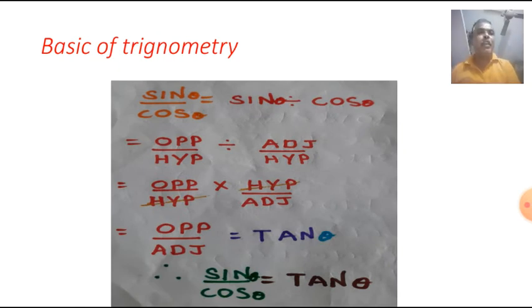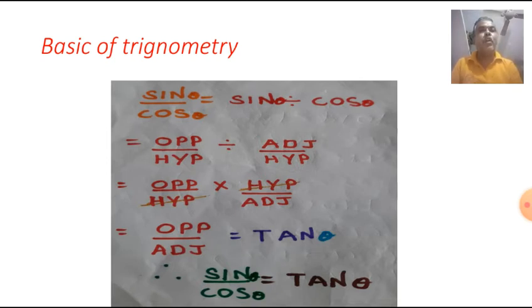Basics of trigonometry. These are also rules. Sin theta by cos theta. What is sin theta by cos theta? What we get? Sin theta divided by cos theta. A ratio between opposite by hypotenuse is sin theta divided by ratio between adjacent and hypotenuse is cos theta. I substituted it.